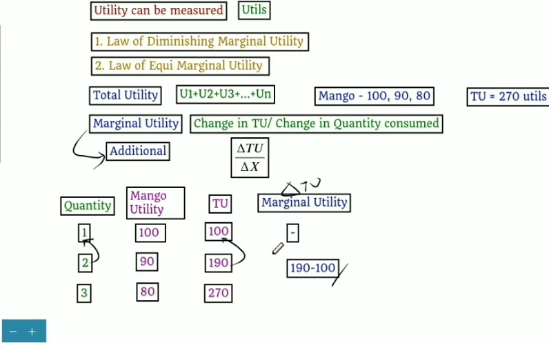Similarly, for the second and third, it will be 270 minus 190, the whole divided by the change in commodities, that is 1.